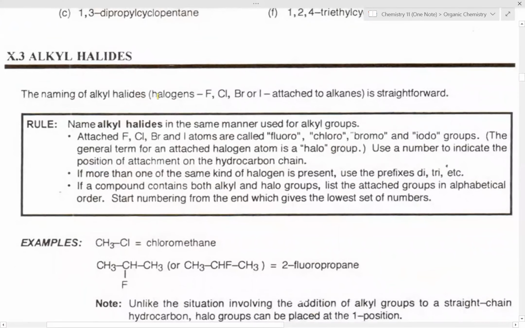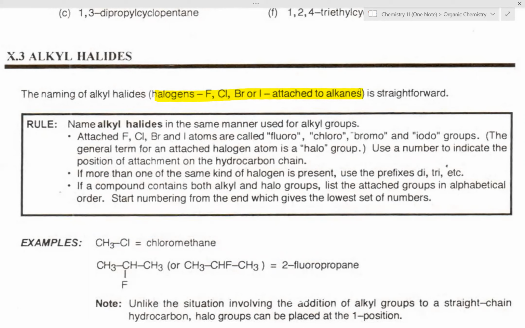They are the halogens: fluorine, chlorine, bromine, iodine. Attached fluorine, chlorine, bromine, and iodine are called fluoro, chloro, bromo, and iodo groups. Use a number to indicate the position of the attachment on the hydrocarbon chain.